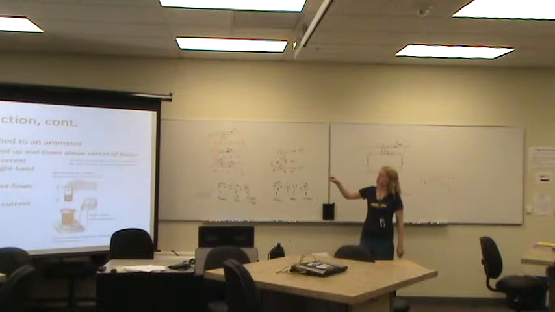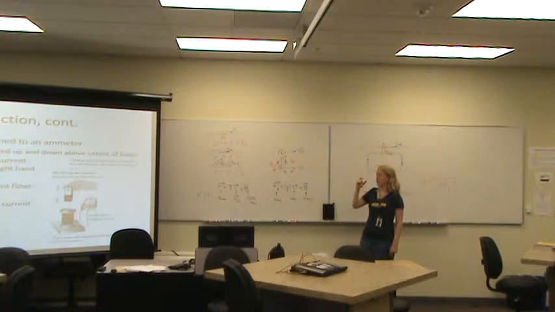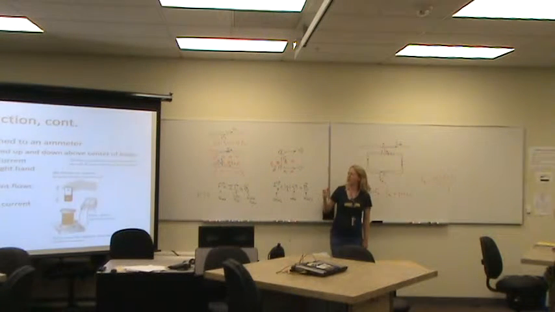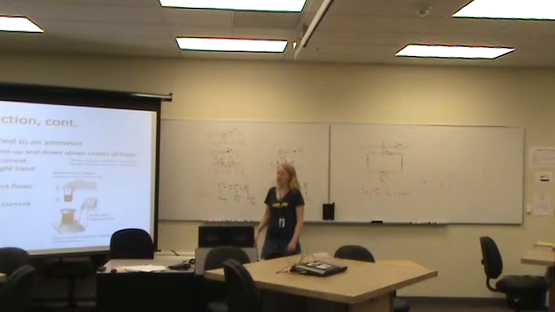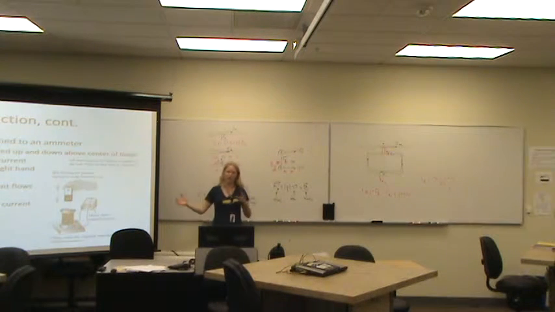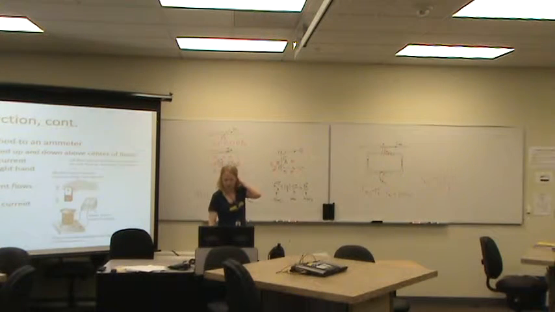But if you push the magnet down in this situation, you'll get a current flowing clockwise, and if you pull the magnet out, you'll get current flowing counterclockwise. We've got a simplified picture later on where we'll parse out what situations create a clockwise and counterclockwise current.